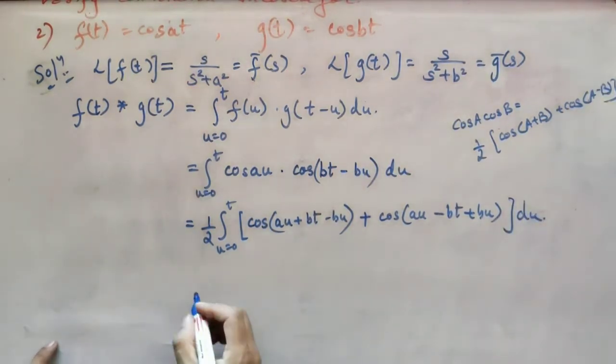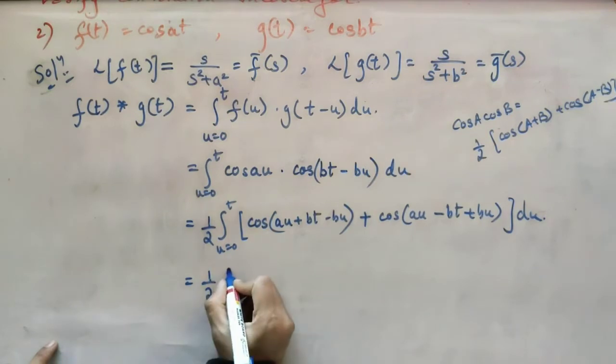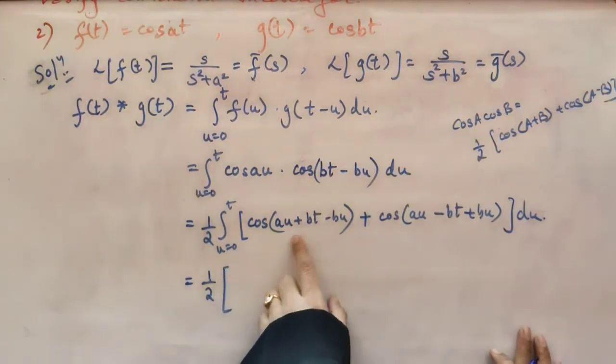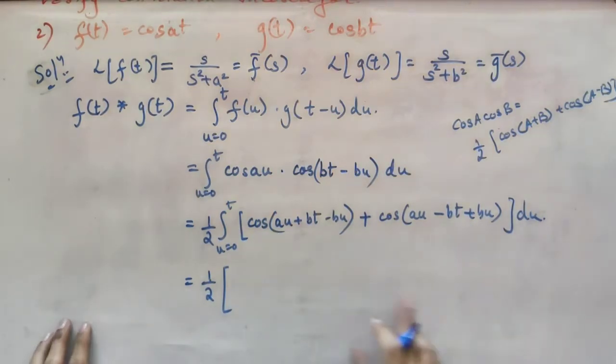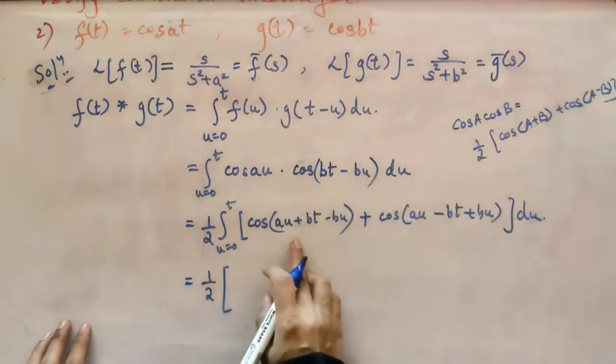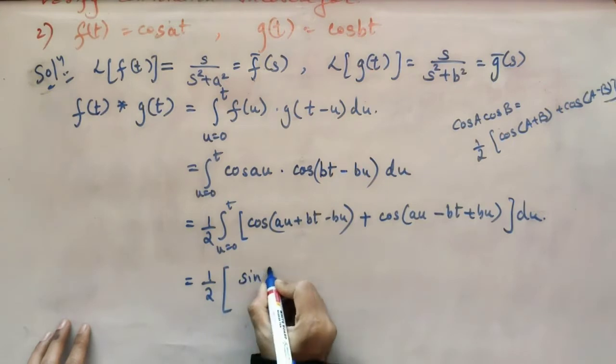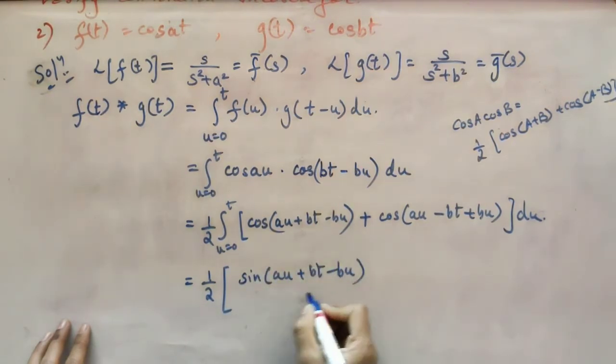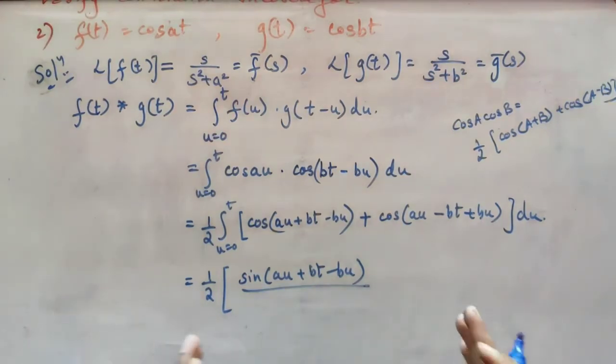Okay. Now let us integrate it. So half, now make a note, you are integrating only with respect to u. So the coefficients with respect to u only should come in the denominator. So the integration of cos of this term is sine of the same term divided by the coefficient of u.